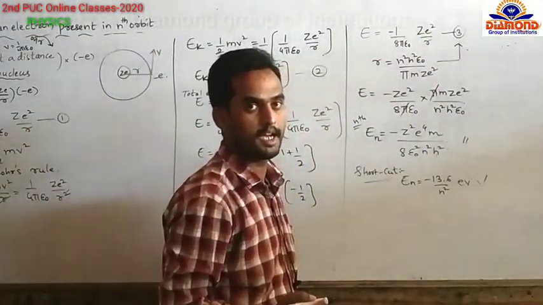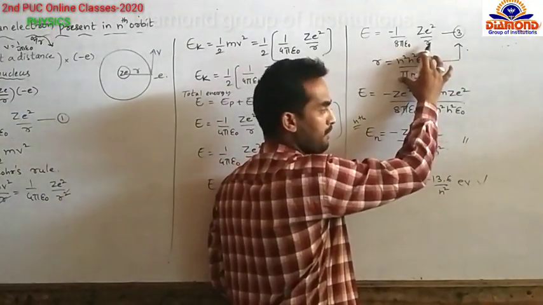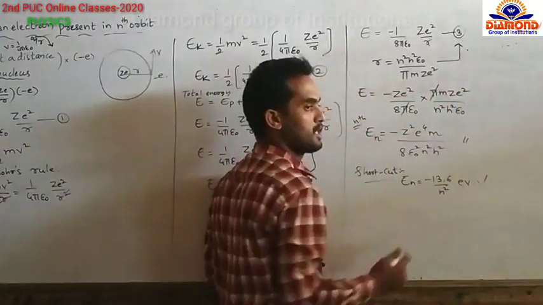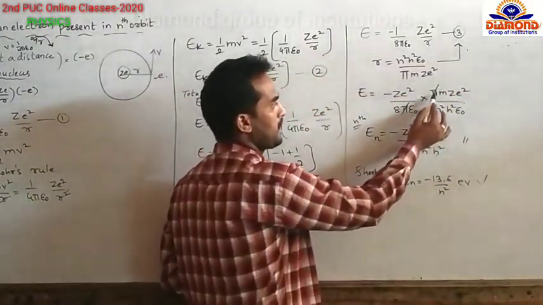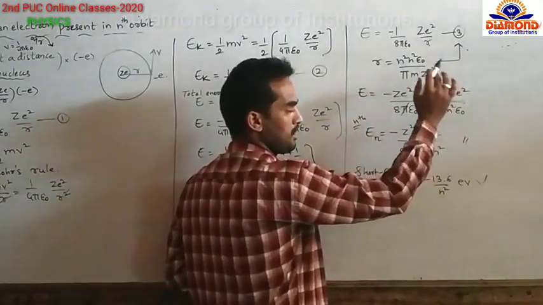What does that R indicate? Radius. So in place of R, we have substituted the R value and by doing the simplification, here only the pi term is going to get cancelled, and the remaining terms are constants.